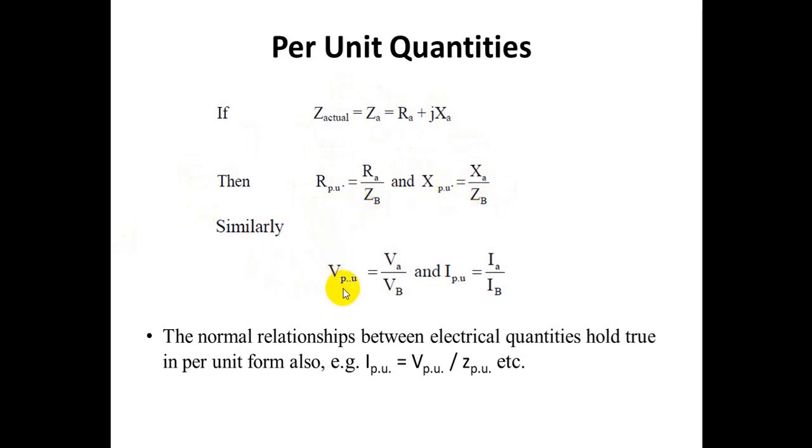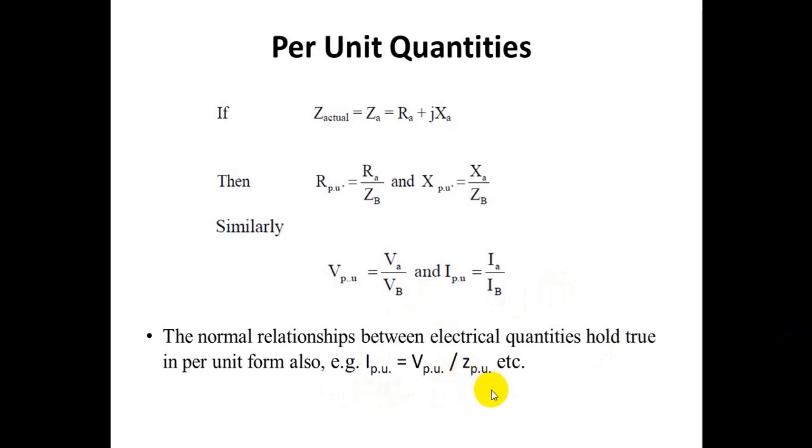Similarly, per unit voltage and per unit current will be calculated by dividing the actual values by the base values. The normal relationships between electrical quantities hold true in per unit form also. For example, per unit current is equal to V per unit over Z per unit.